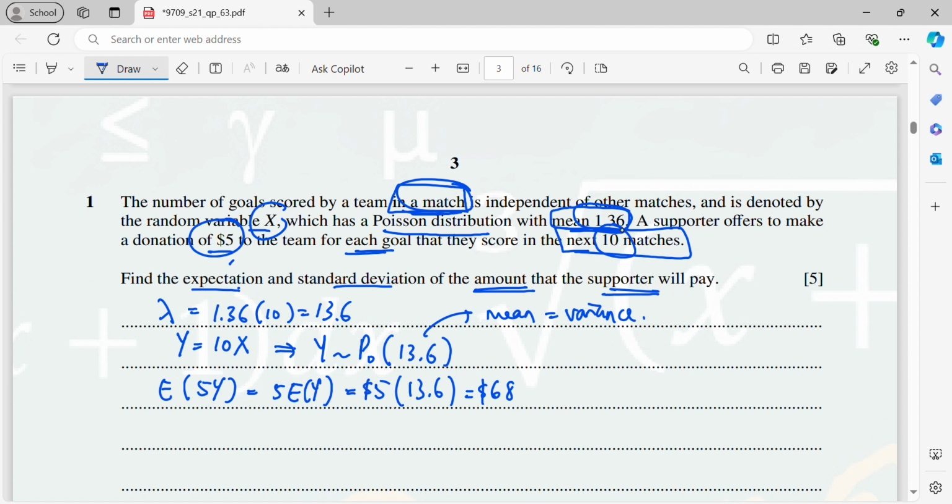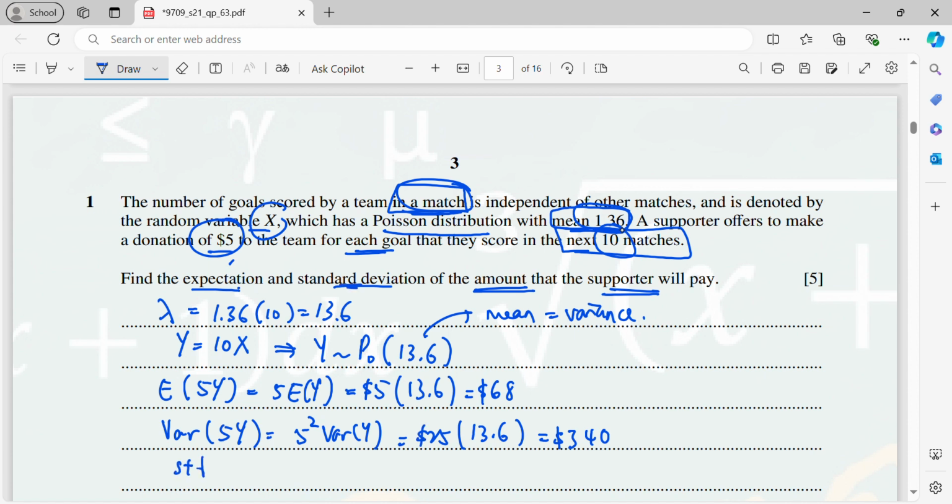So for the standard deviation, before I get the standard deviation, I will calculate the variance first. So the variance of 5Y will be 5 squared times the variance of Y. Then you will be getting 25. The variance is the same as the mean, 13.6. So 25 times 13.6 is going to be 340. Then this is in dollars. So that means now I'm getting the standard deviation.